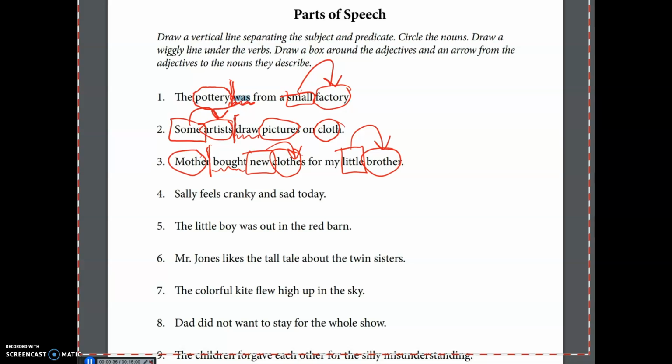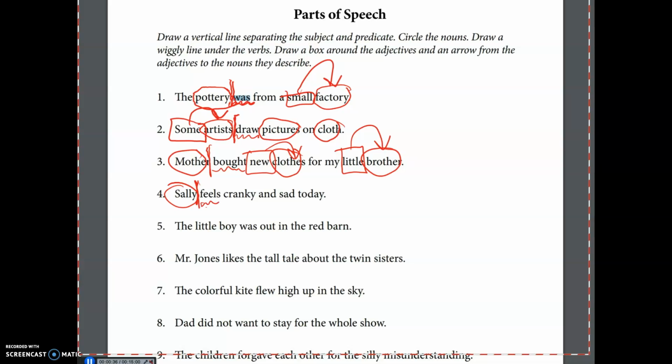Sally feels cranky and sad today. So who or what is the sentence about? It's about Sally. She feels cranky and sad today. So Sally is a noun because she's a person. And let me think. Feels is definitely our verb.